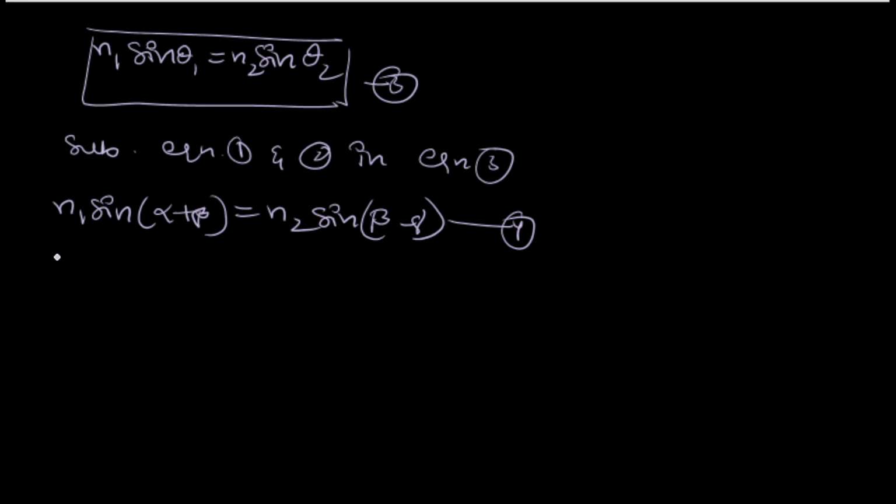Now, as per the diagram, this is a curved surface, and we had drawn a perpendicular line from point A to the principal axis, and this meets the principal axis at point N. This is the incident ray for point A, and this is the angle alpha made by this incident ray with the principal axis.